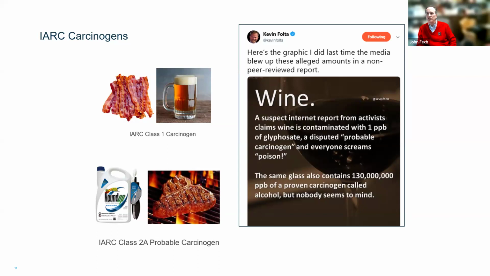And if glyphosate is used underneath the grapes in order to control weeds, some activists would report that 1 part per billion of glyphosate is probably in wine, and everyone starts screaming poison. At the same time, the same glass also contains 130 million parts per billion of a proven carcinogen in the top category, which is alcohol, but usually you don't have the same level of concern.